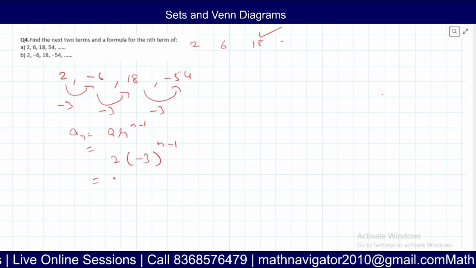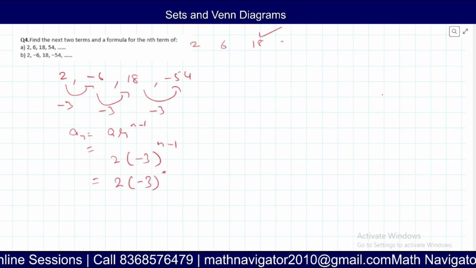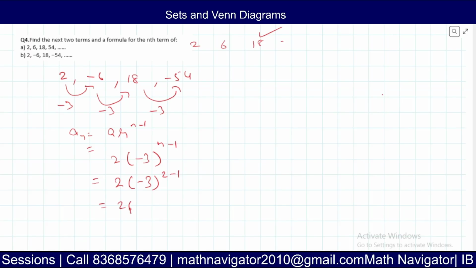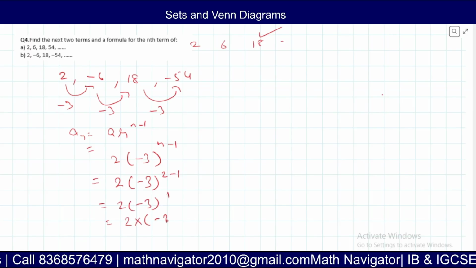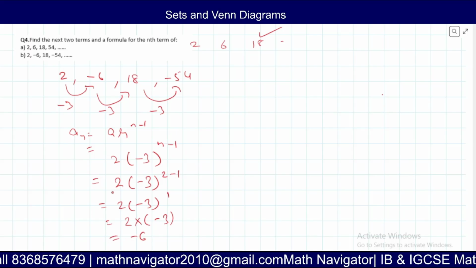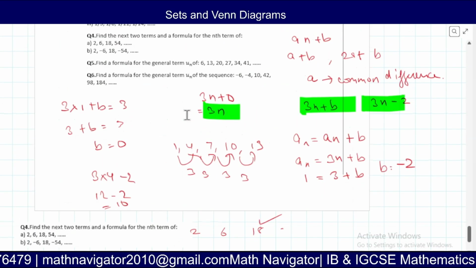If I want to find the second term, 2 times negative 3 to the power 2 minus 1, which is 2 times negative 3 to the power 1. So 2 times negative 3 is negative 6, which is correct, right? We are done with this.